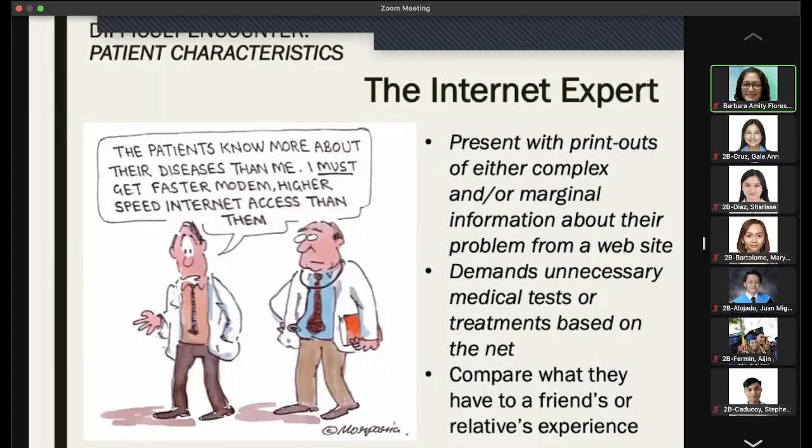But mostly you have patients who tell you that they've read about it on the internet, or they've Googled all the information that they're telling you, and they fear that they have that illness which they Googled. They would demand unnecessary medical tests or treatments based on what they find on the net. Okay? Some of these patients would also compare what they have to a friend's or a relative's experience.